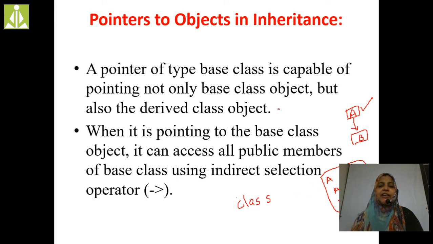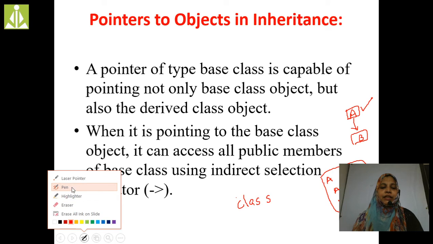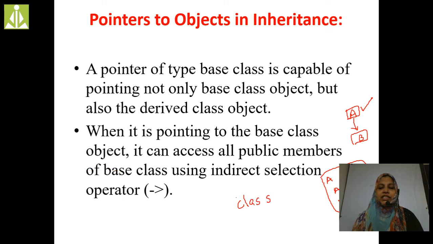If I create the pointer to the base class, then by using this pointer we can access the base class as well as derived class objects. A pointer of type base class is capable of pointing. This ptrA is the pointer variable now.